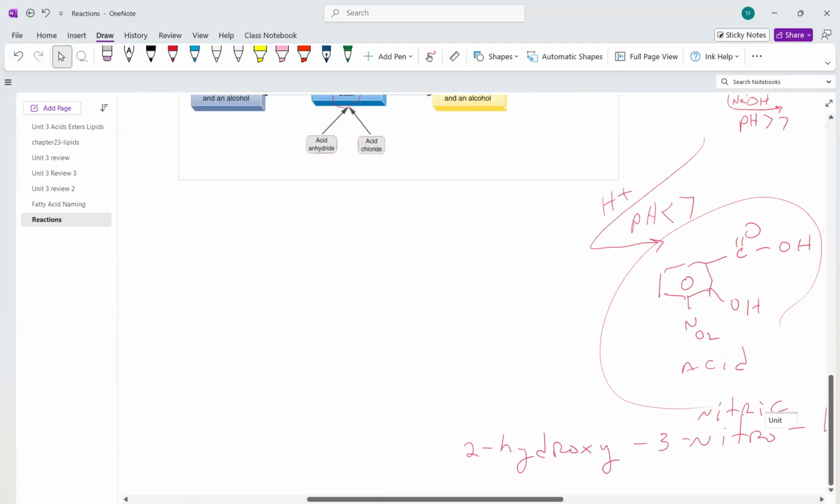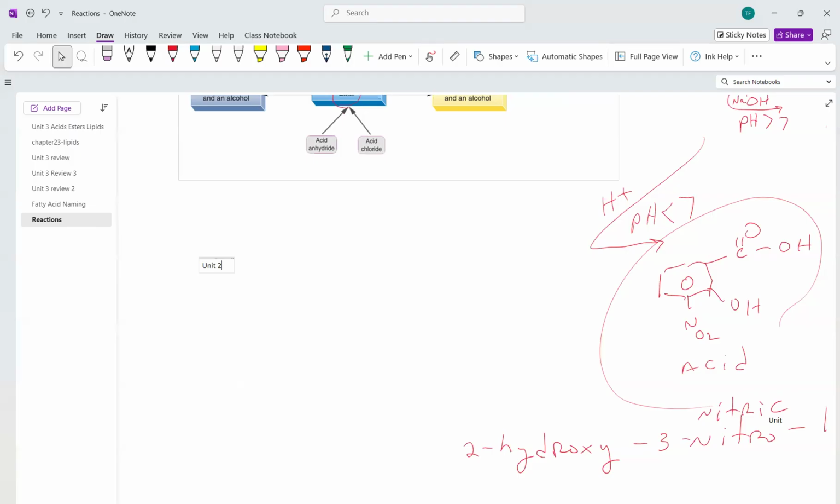How many reactions are we going to do on the test? I don't know. I haven't made it up yet. So we're going to do Unit 2 and Unit 3. Yeah, so it's essentially like a big test. I know, a while ago. It'll come back. It's a matter of reference. Remember, there's no final in this class.